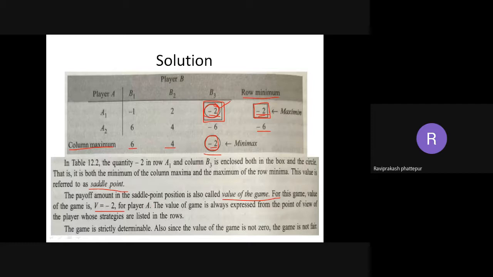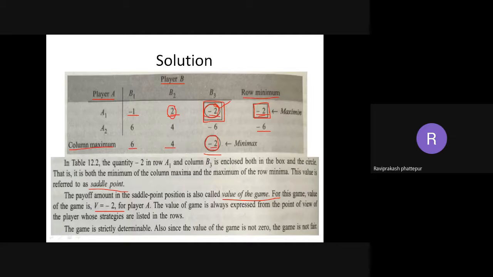So in general we always take gains to player A and losses to player B. That means here, if I put -1, that means B is gaining, A is in loss. So when we say +2, that means A is gaining, A is getting 2, whatever it is, like 2 amount or 200 or in thousands or in lakhs.